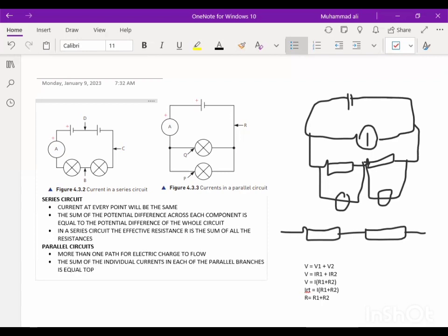Is equal to the current into or out of the junction. Okay, give me a minute.